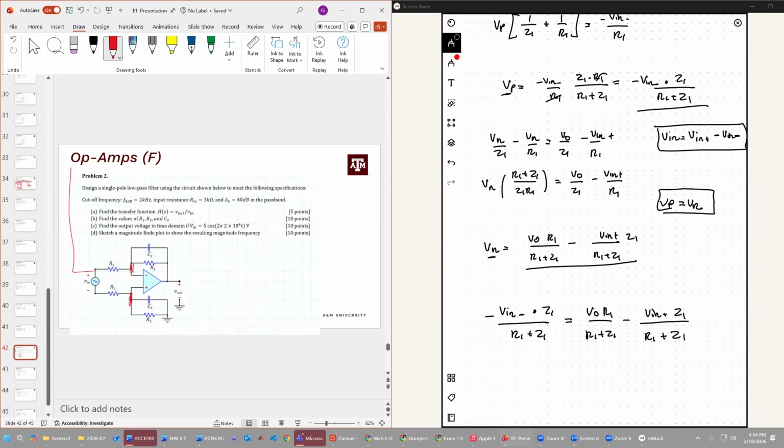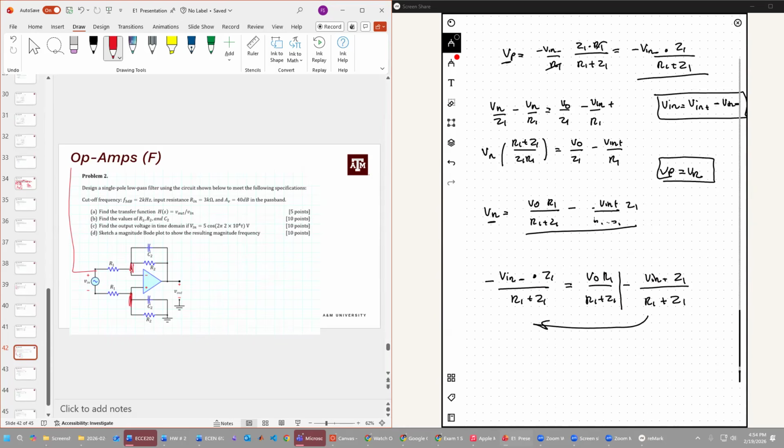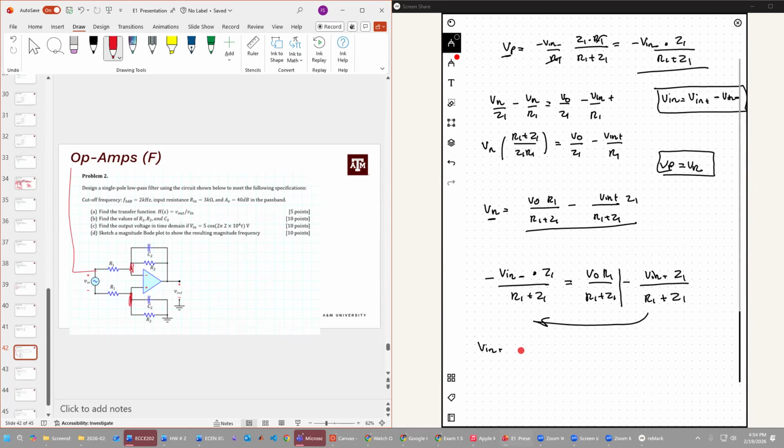Okay. We can move this term over. We get Vn plus minus Vn minus. I factored out the Z1s. We get this R1 plus Z1 term here. And then we get this V0, R1 over R1 plus Z1. This just becomes Vn directly.